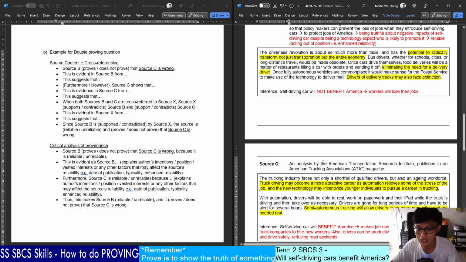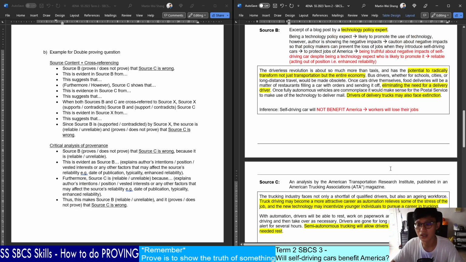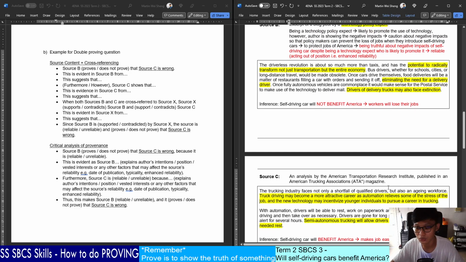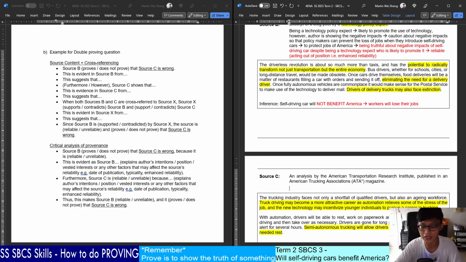So over here, the analysis by the American Transportation Research Institute, published in the American Trucking Association magazine. So for the CAP for this, do you think that this source is reliable? Okay, so it is published in the Trucking Association, right? So what is the purpose of saying that self-driving cars will benefit America?